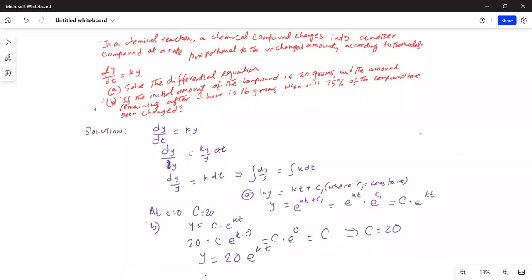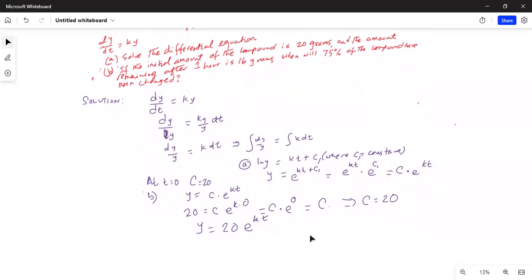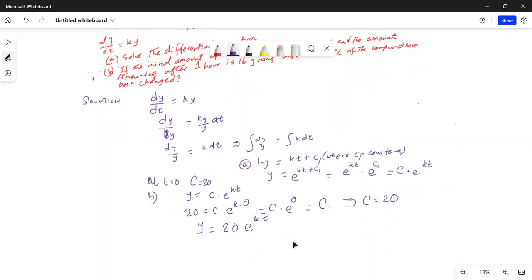Now, another information we have been given. After 1 hour, so at t is equal to 1, y is equal to 15.